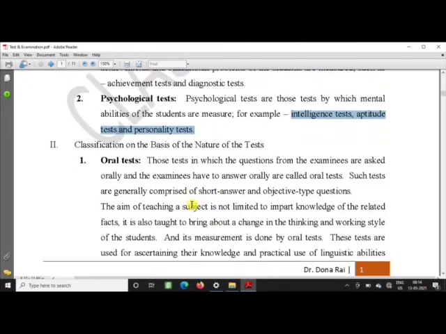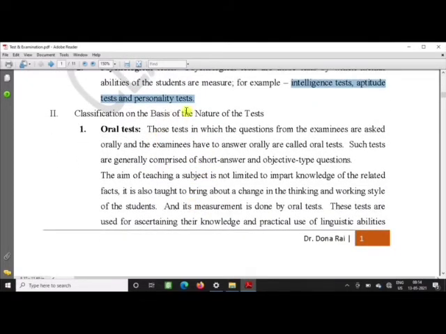Another classification we have here is on the basis of nature. On nature, we have oral tests, written tests, and practical tests. Oral test, like we all know, is performed orally, and it is usually used for the students of primary classes, because for them to write down takes lots of time.